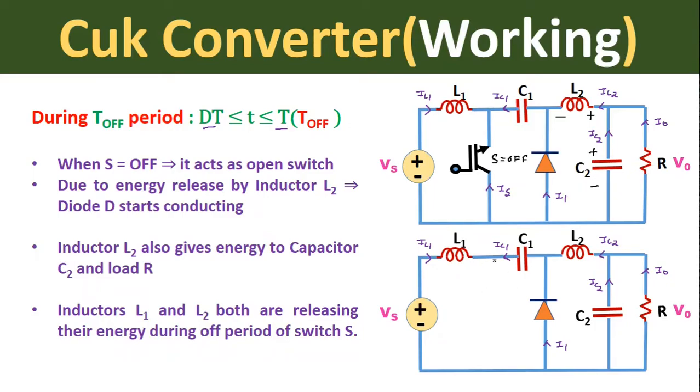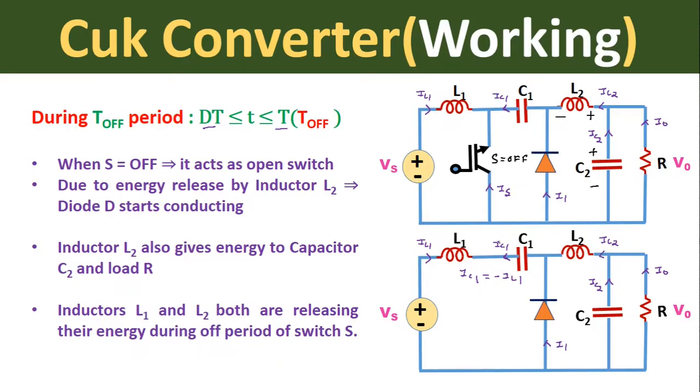So here you can see capacitor 1 current IC1 is equal to minus of IL1 current. So the waveform will invert itself with respect to the inductor 1 current waveform in the off period of the switch. So during the off period of the switch, inductor L1 and L2 both are releasing its energy. This L2 is giving its energy to capacitor C2 and this L1 is giving its energy to capacitor C1 in the off period of the switch.